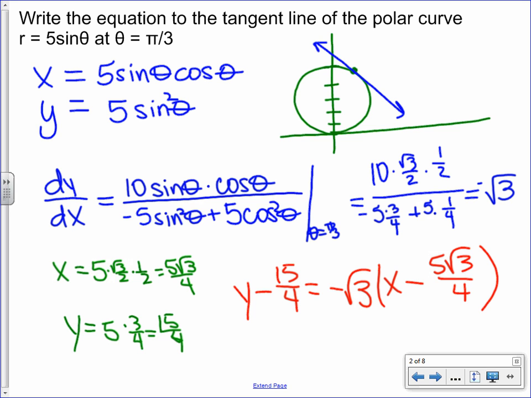You just plug in r sine theta, r cosine theta, solve for r. It will be very ugly. Like we learned for the polar stuff, the r cosine theta equals a is a vertical line.